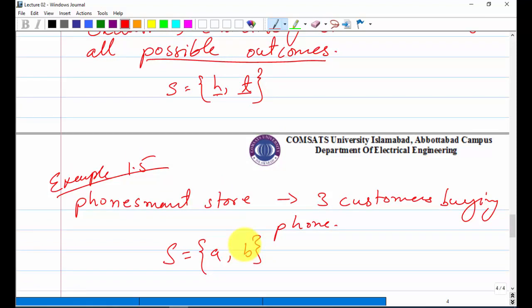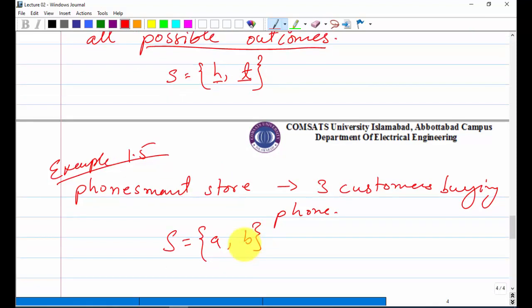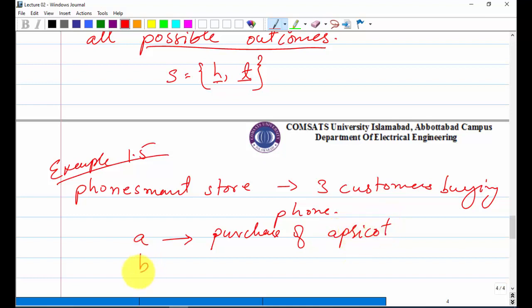So this is not the sample space. A represents the purchase of apricot, B represents the purchase of banana.